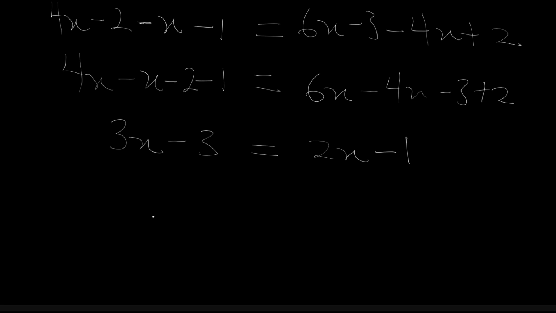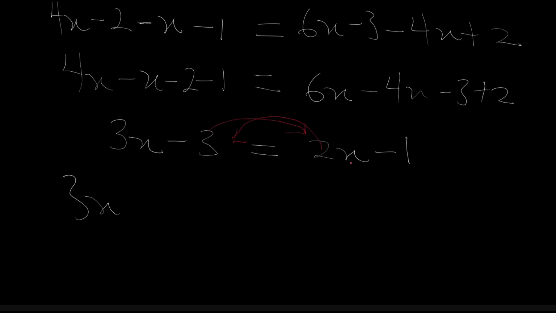Then now we group the like terms here too. So 3x, this is positive 2x. When it crosses the equal sign, 2x will cross, and then negative 3 will also cross.